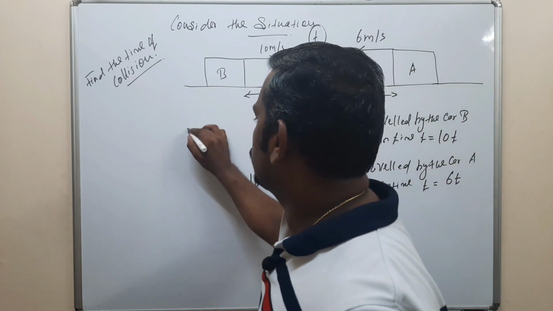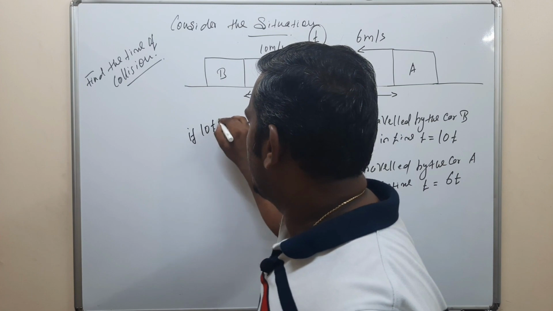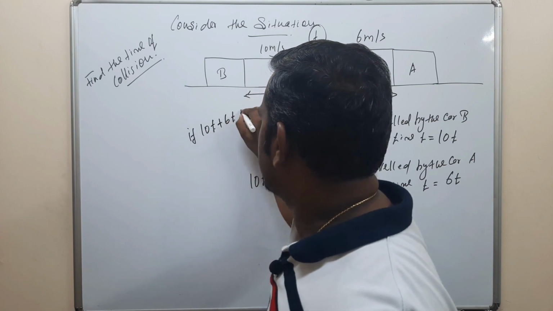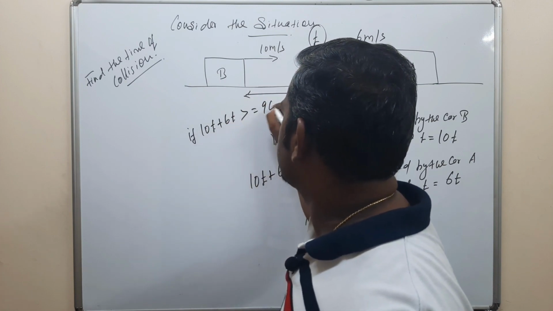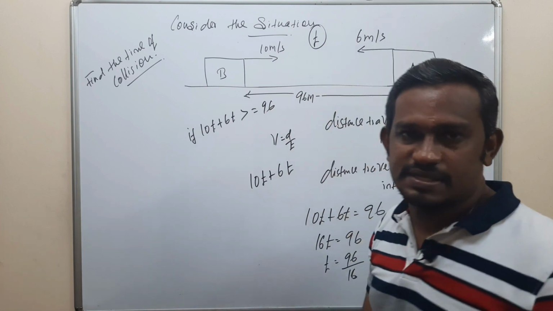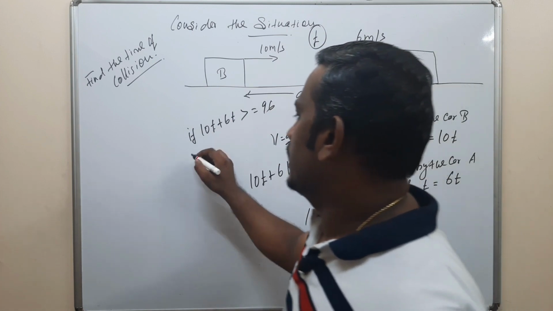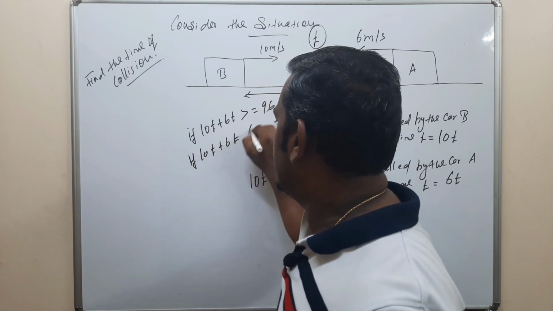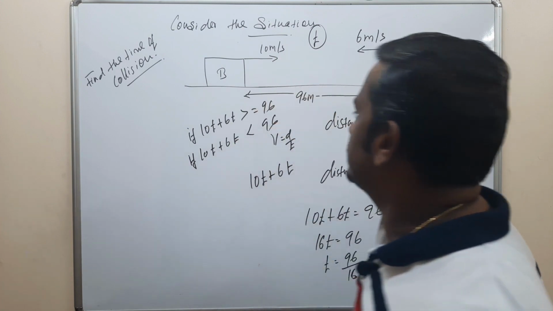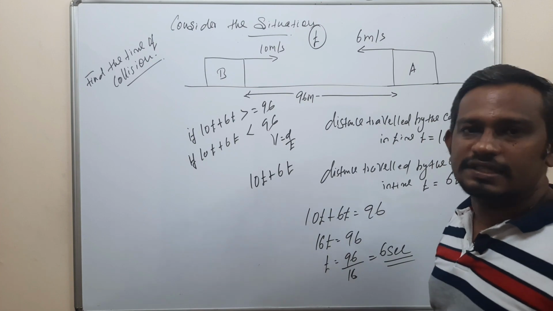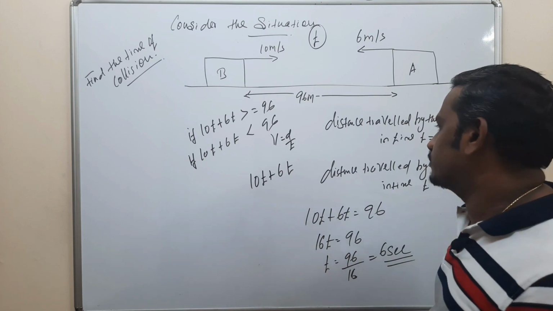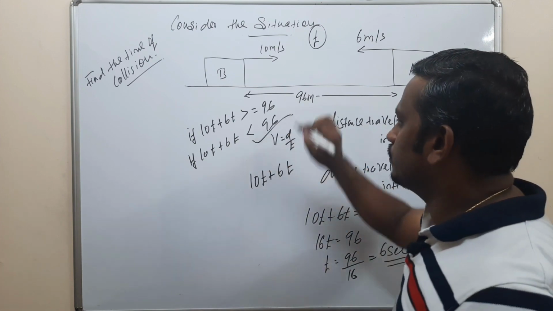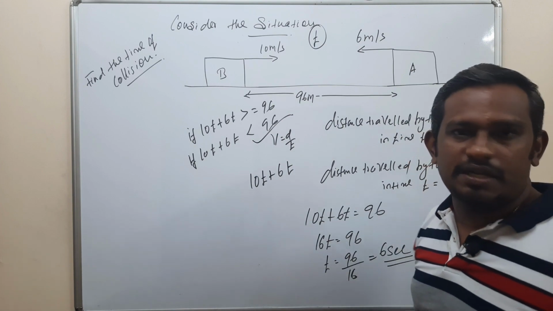If this total distance 10t plus 60 is greater than or equal to 96, it means collision happens. If 10t plus 60 is less than 96, it means collision does not happen. So that is the condition we are using. So this is the normal method of solving this problem.